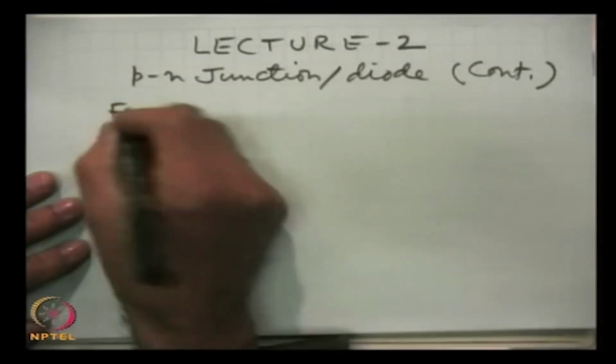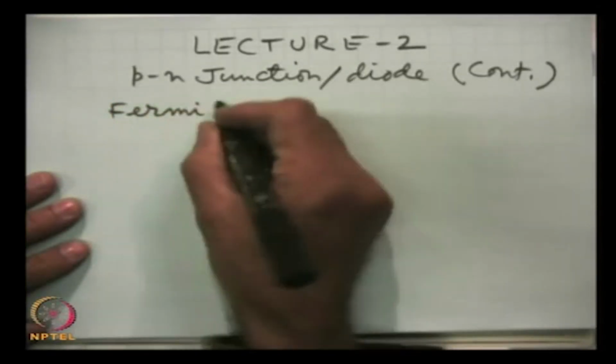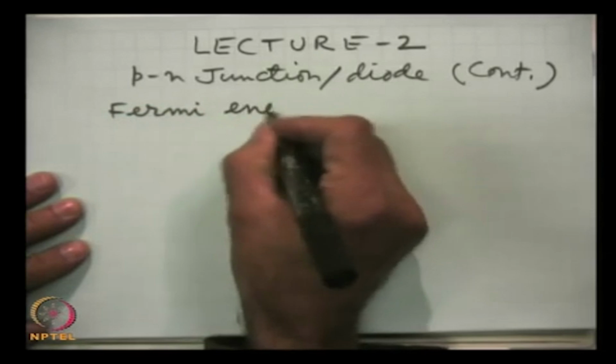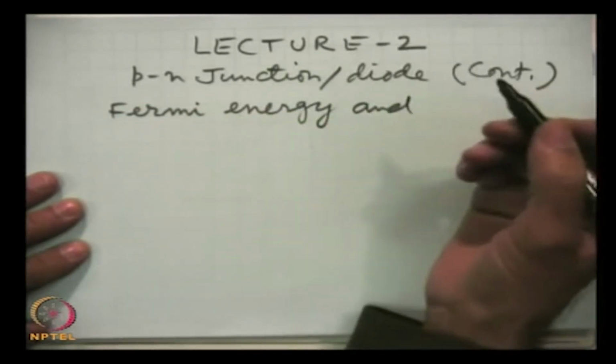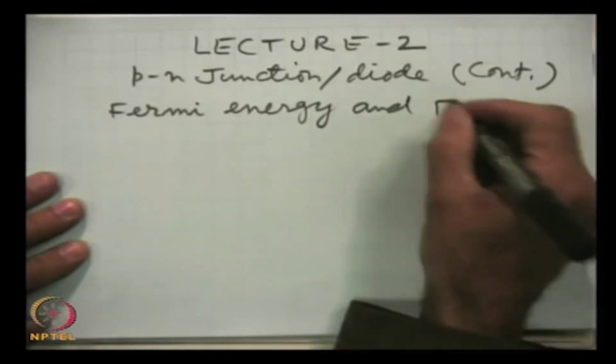Now, we move further, we look at the currents in a diode and the formation of the junction from a different angle. To understand that, we must look at the concept of Fermi energy, which is popularly known as Fermi level.